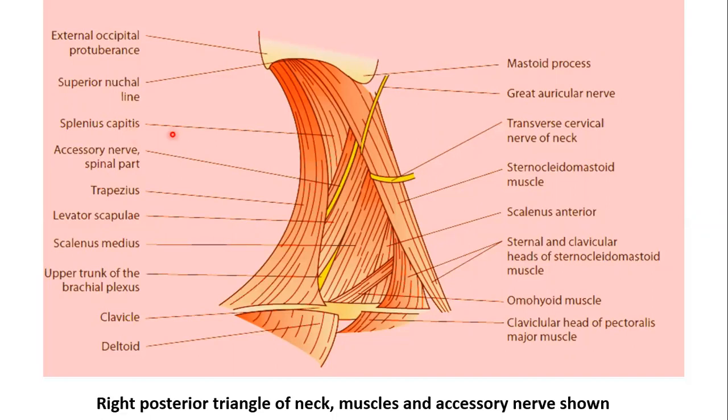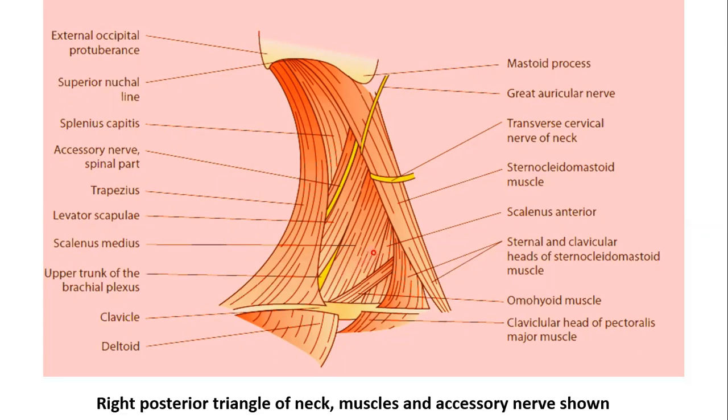Repeat: this is the splenius capitis, then the levator scapulae, then the scalenus medius, then the scalenus posterior, not shown here, and then the scalenus anterior. These are the various muscles forming the floor.